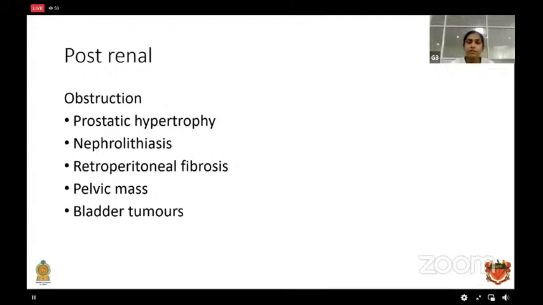The common things may be urinary tract related: prostatic hypertrophy, calculi in various parts of the urinary tract, bladder tumors, external pressure from pelvic masses, and retroperitoneal fibrosis, which can affect the urinary tract. So those are the causes. You can see there is sometimes overlap between risk factors and causes, but you have to find out the cause when a patient has renal impairment.